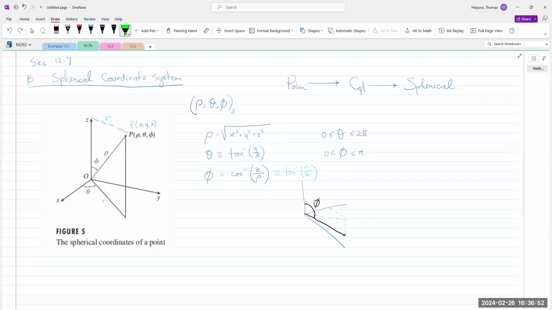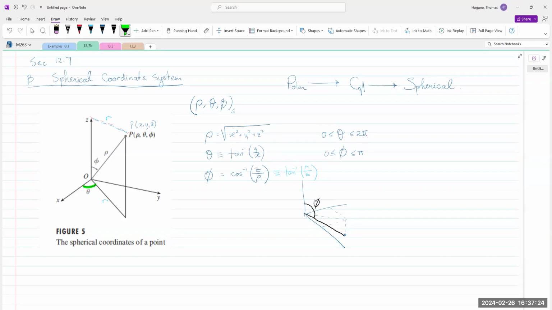The second component, theta, is the angle from the XZ plane to the projection of that point on the XY plane. So the theta here is the same notion as the theta in the cylindrical coordinate system, the same as the theta in the polar coordinate system.